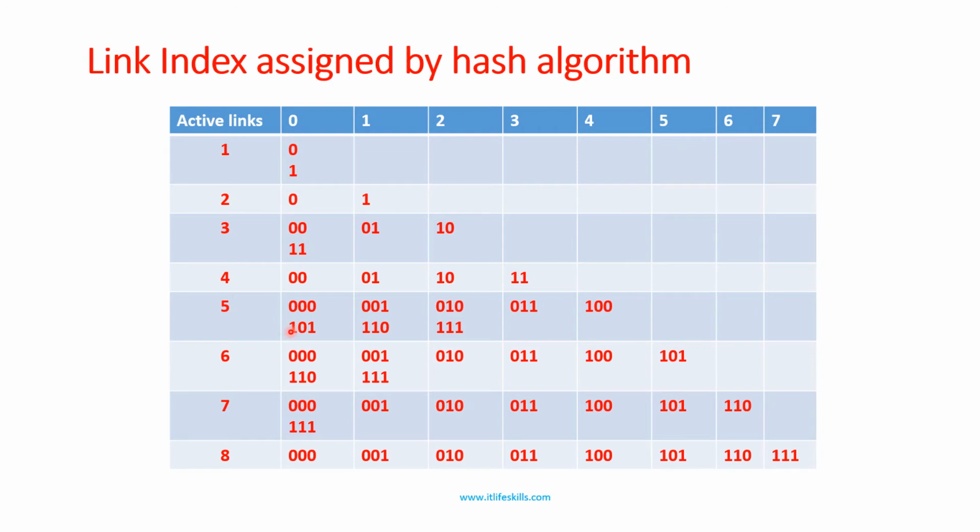But if it's 1 0 1, link number 0 will be used. 1 1 0, link number 1 will be used. 1 1 1, link number 2 will be used.